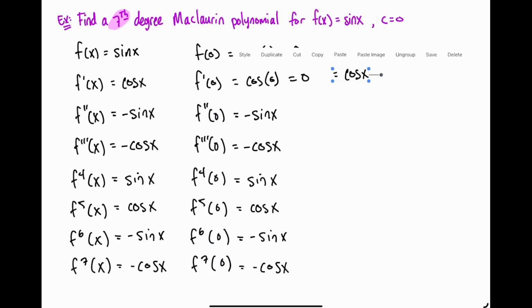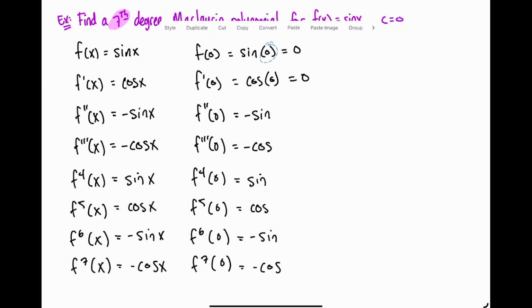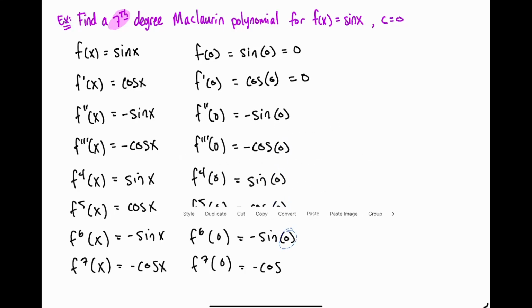Great. I want zeros here also. Is this faster? Probably not. But it's lazy. Okay, great.